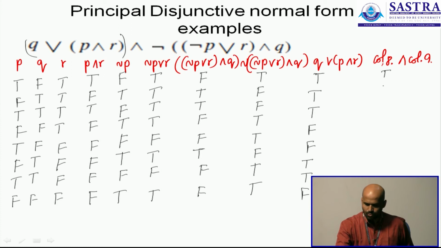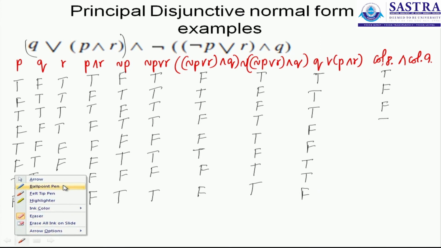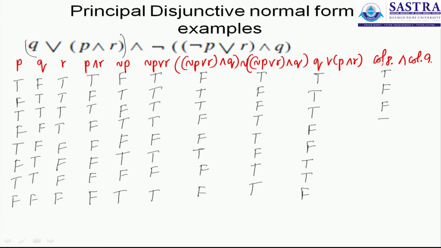That's true, false, false, true. True and true is true, false and true is false, false and true is false, true and false is false, true and false is false, false and true is false, false and true is true, and last is false.